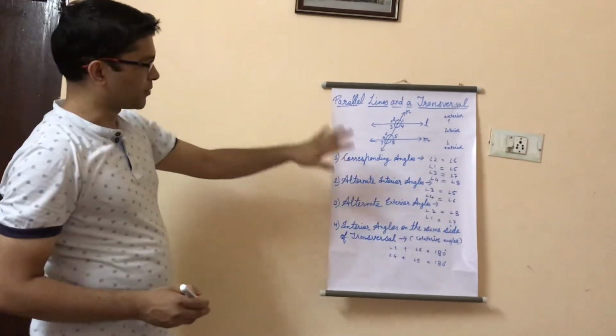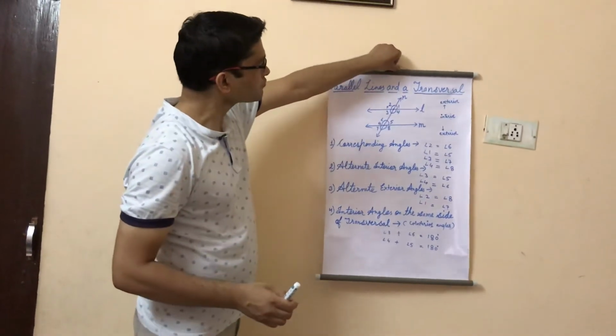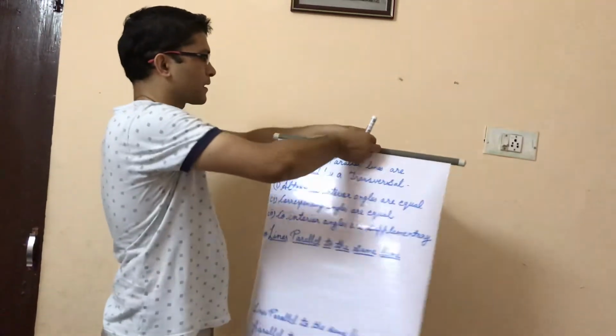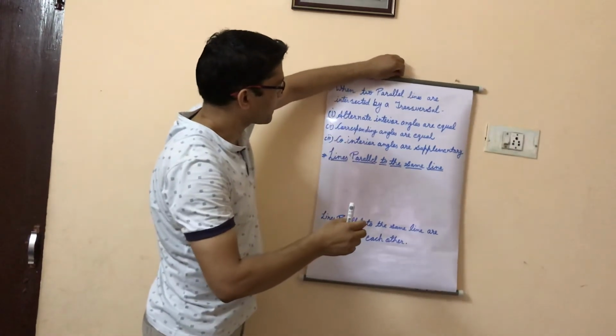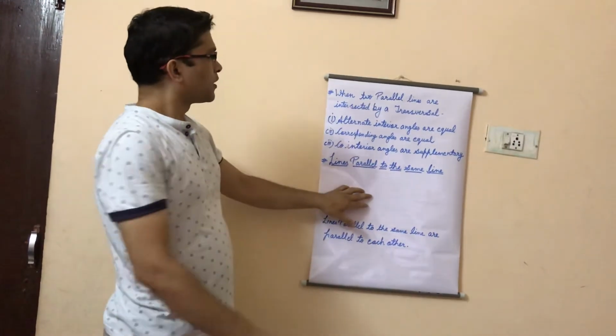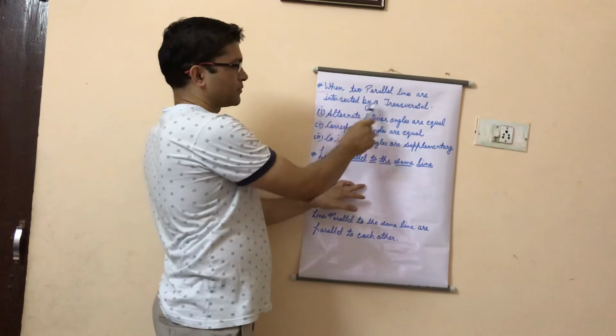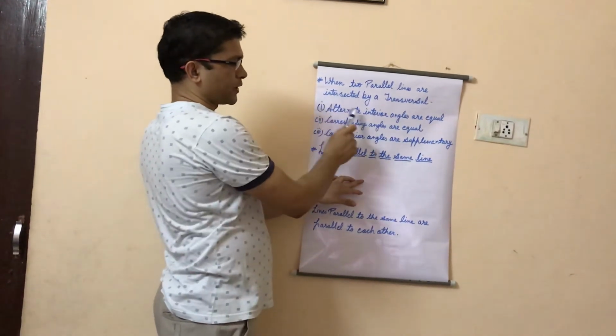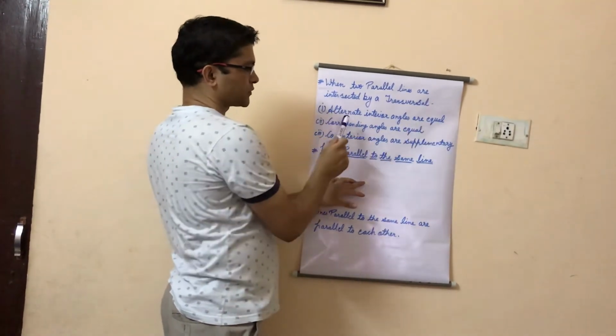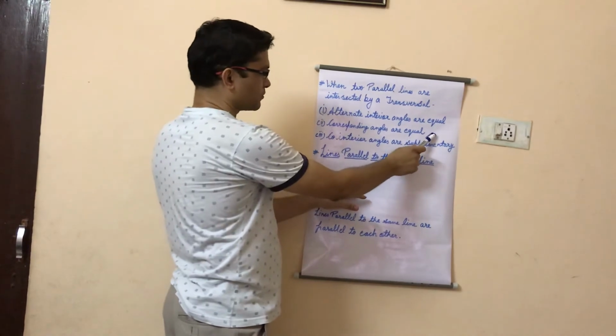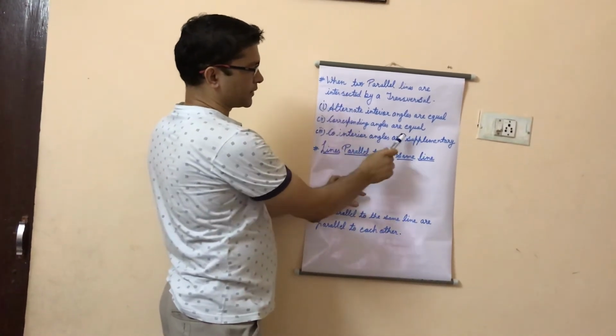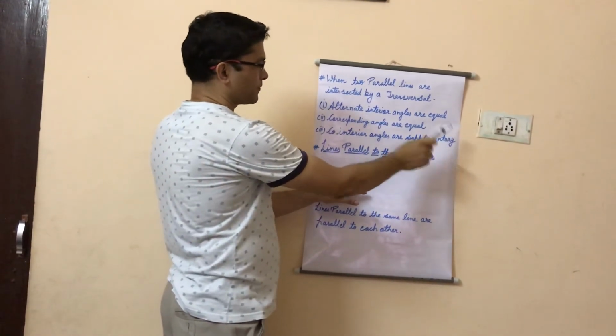So let's summarize these rules. When two parallel lines are intersected by a transversal, then alternate interior angles are equal, corresponding angles are equal, and co-interior angles are supplementary.